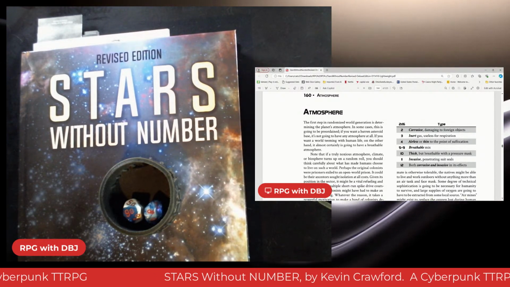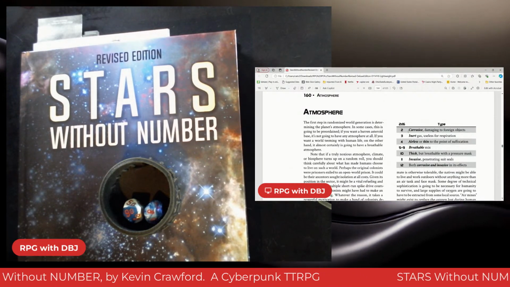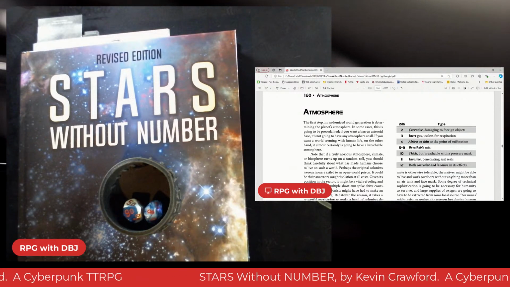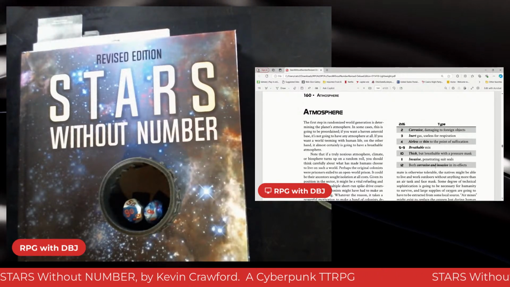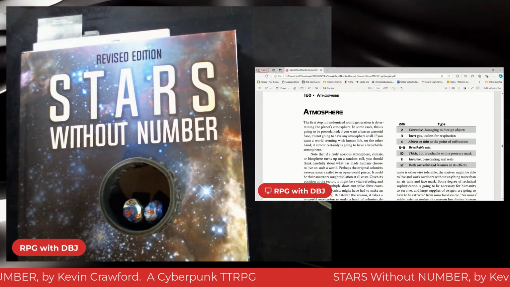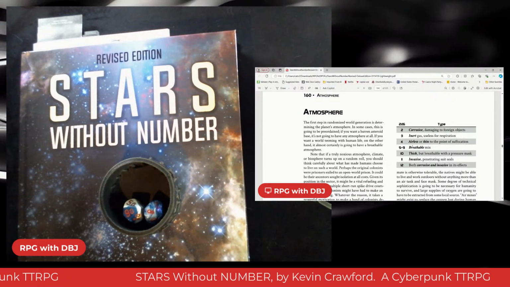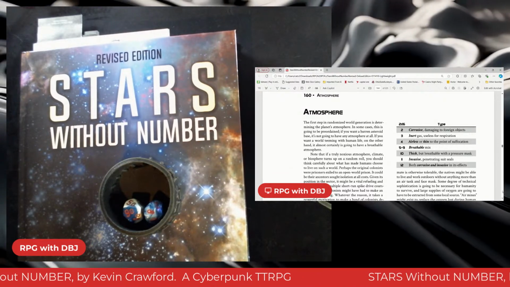Wrong thing. Here we have atmospheres. If you roll 2d6, you can get the worst one, which is corrosive. If you roll a 12, you get both corrosive and invasive in its effects. And of course, 5 to 9 is the most common. It's a breathable mix because you want your players to maybe go to these places without having to worry about vac suits.